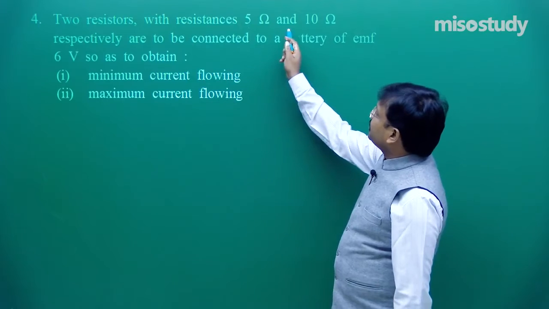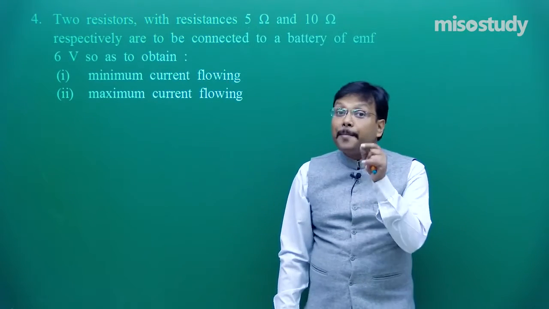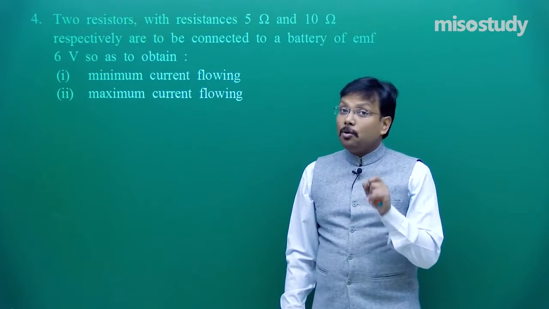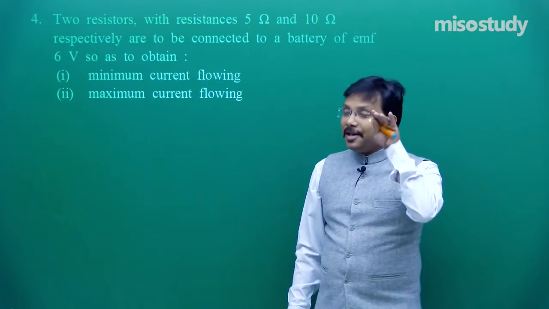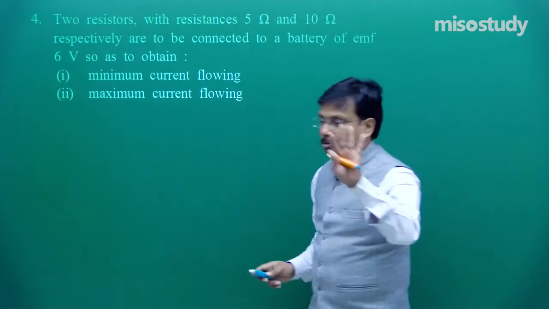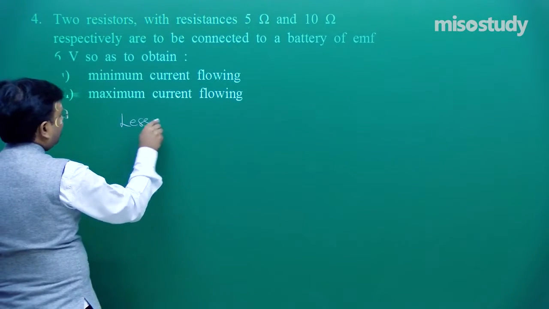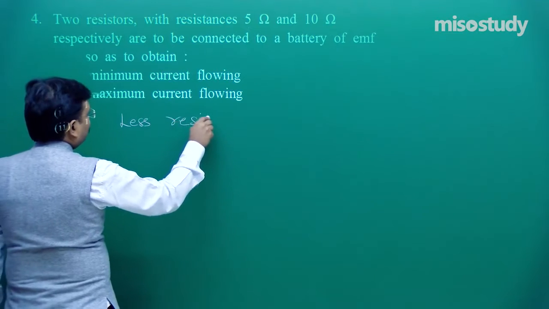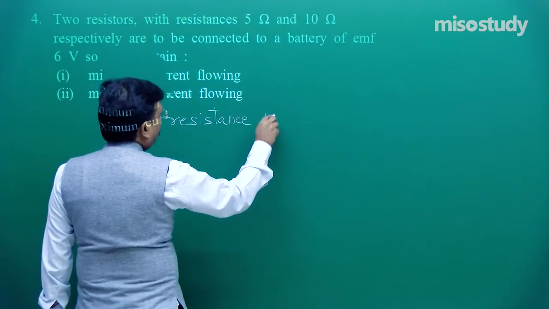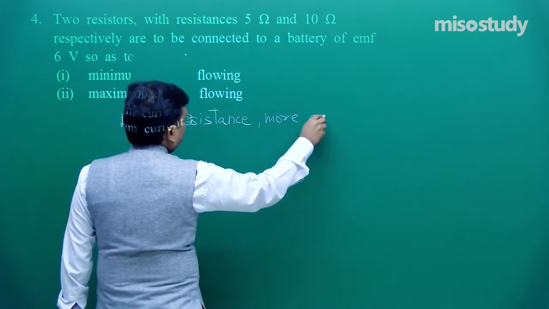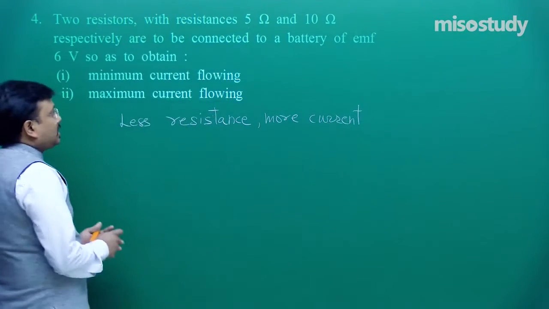So, minimum resistance you will get when you connect 5 ohm and 10 ohm in parallel, because then the value of net resistance is going to be smaller than 5 ohm. So, less the resistance, more the current. This is the success mantra for this chapter.